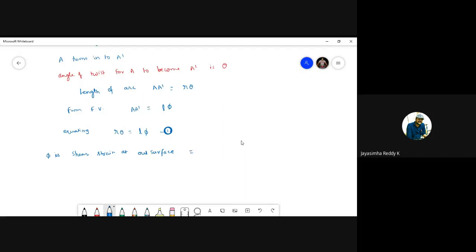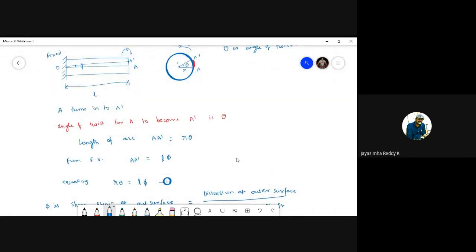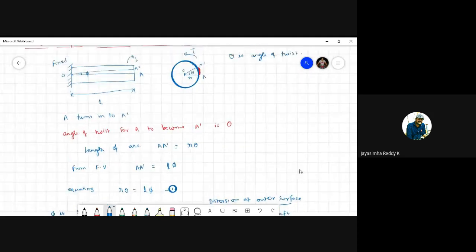So this can be given as distortion at the outer surface, which is nothing but AA dash, to the original length of the shaft. So phi can be given as AA dash by OA. Is it right? If you assume this as O, then AA dash, sorry.